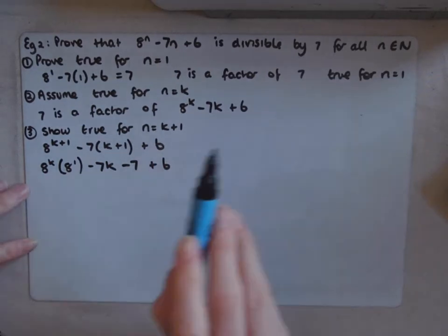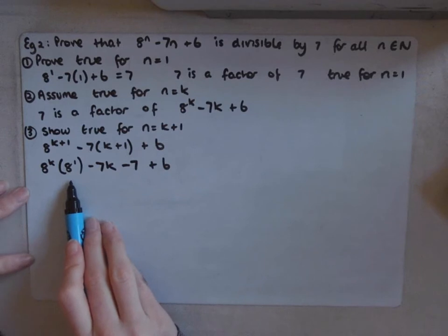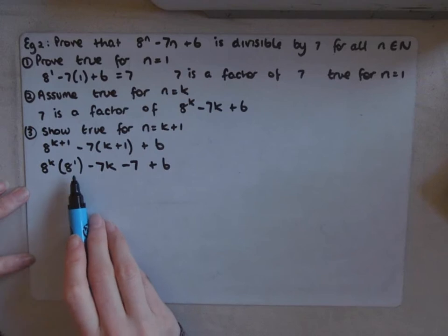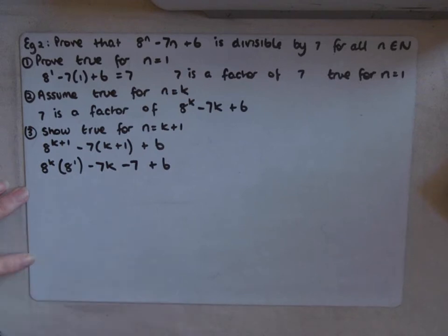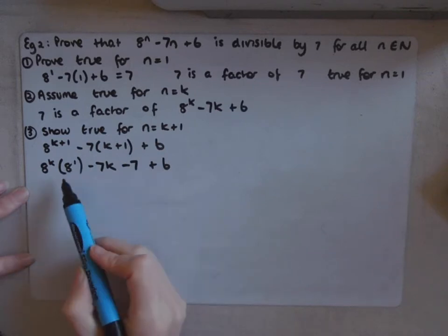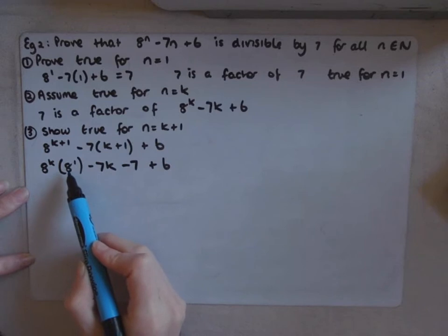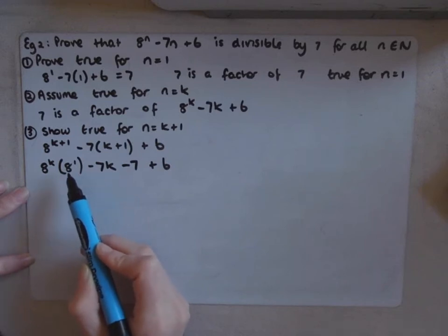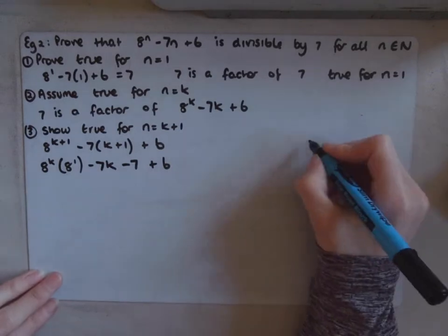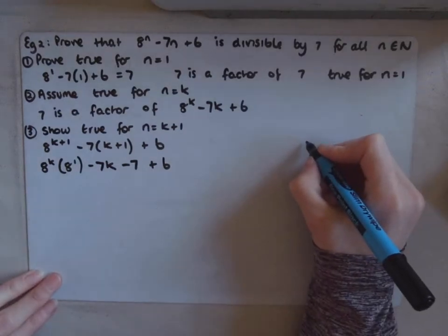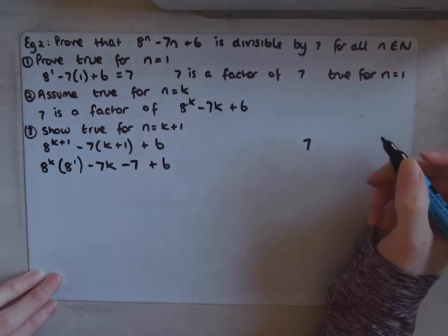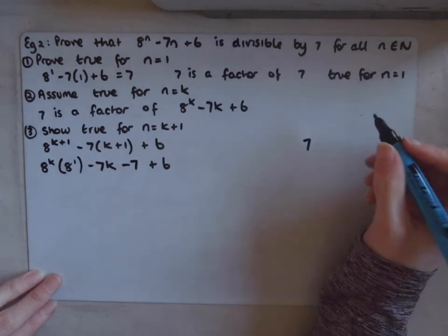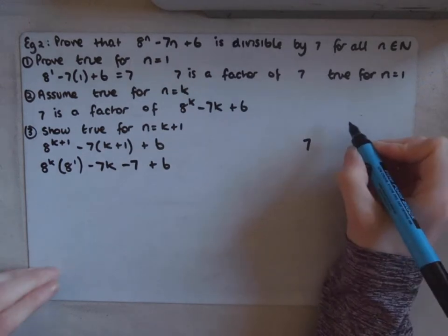Okay? Now, just like we did down here, we're changing 8 to be 7 and something. So in this case, it's 7 plus 1. Sorry, if I was doing divisible by 7, I'm interested in 7.